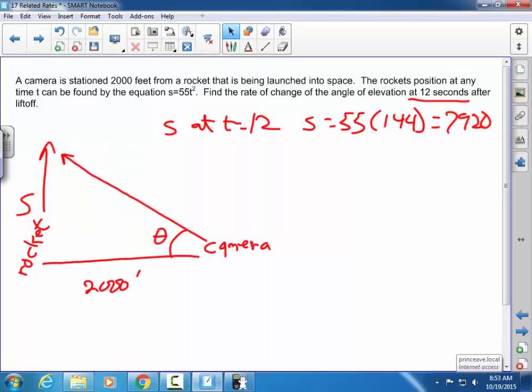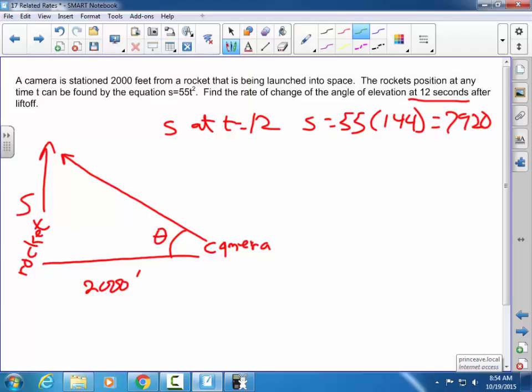So now, what relationship is there between S and theta? We need an equation, something that we can write an equal sign in. Does anyone see a relationship between S and theta?